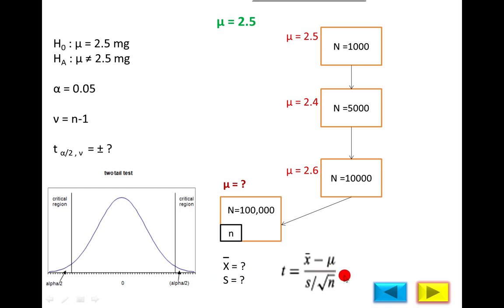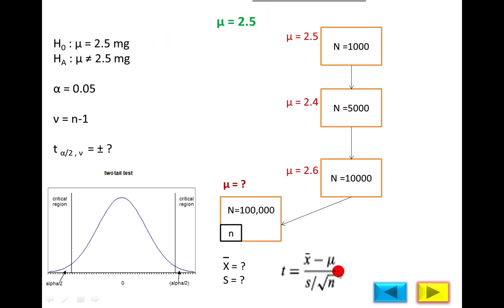If this calculated value, the observed result, lies in the acceptance region, means between this value and this value, then we will accept the null hypothesis. Accept the null hypothesis means the population mean is 2.5 milligram.